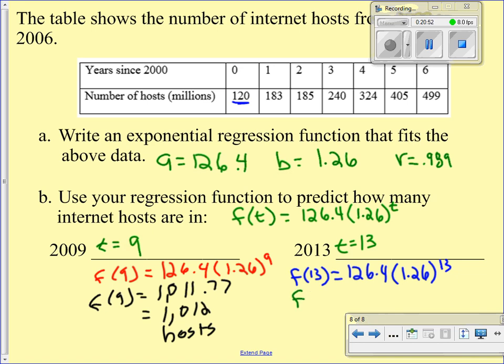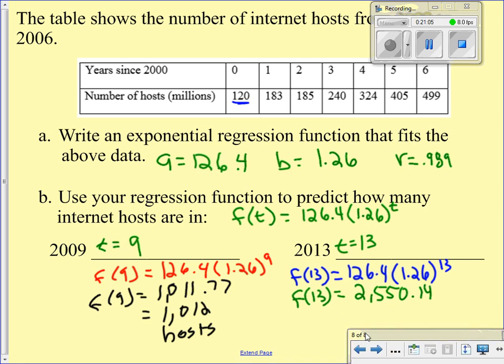So f of 13 is 2,550.14. Round that up. So in 2013, I'm predicting there will be 2,551 internet hosts.